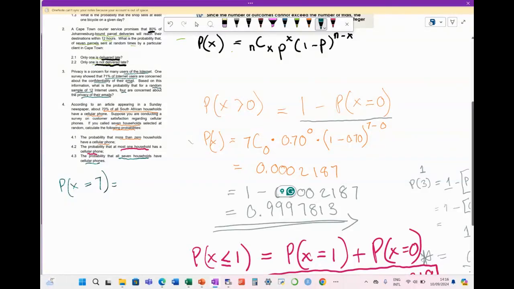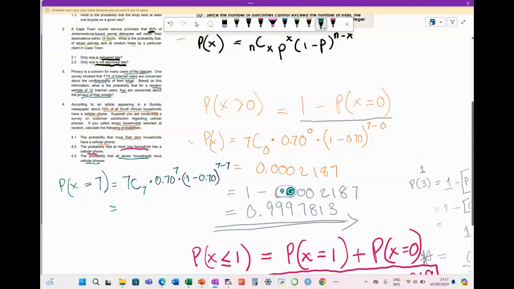Which is equal to 7c7 times 0.70 to the power x, which is 7, times 1 minus 0.7 to the power 7 minus 7, which obviously gives you 0.